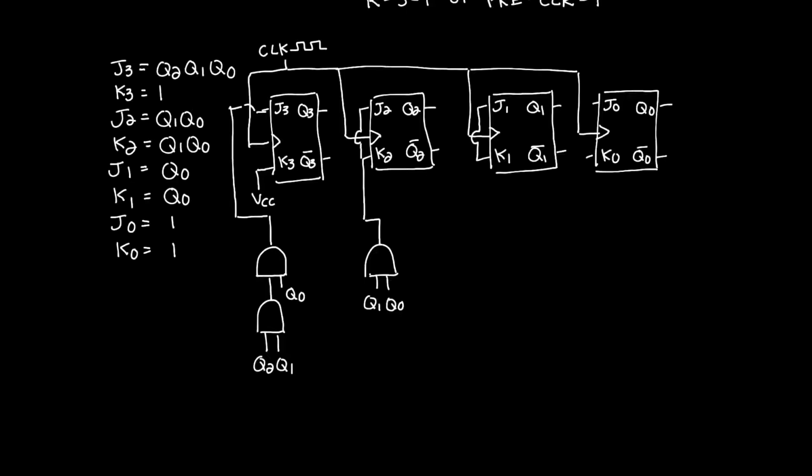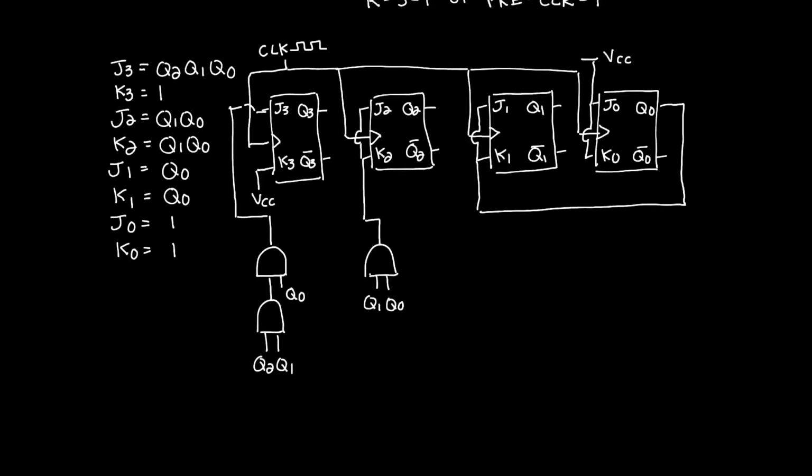J1 and K1 are equivalent, and they are both equal to Q0. So we'll just draw a wire directly from Q0 to J1 and K1, and J0 and K0 are always high. Okay, so that's our schematic.